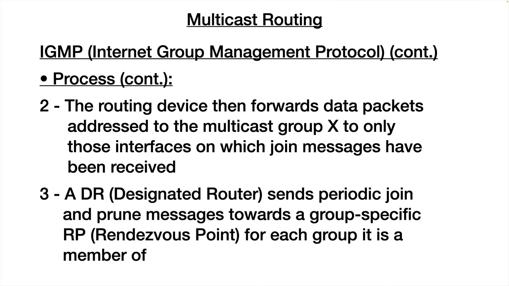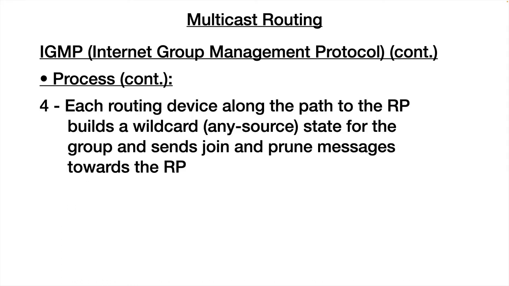You have something called a designated router, which sends periodic join and prune messages. What that part means is there is a routing tree that is built, so it will add machines and remove machines as appropriate. It does that towards a group-specific device called a rendezvous point for each group that it's a member of, so it can actually be a member of multiple groups.